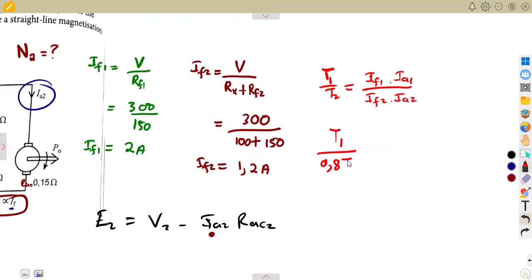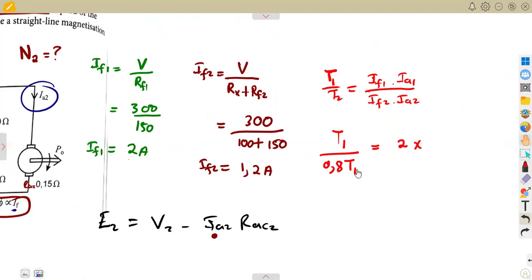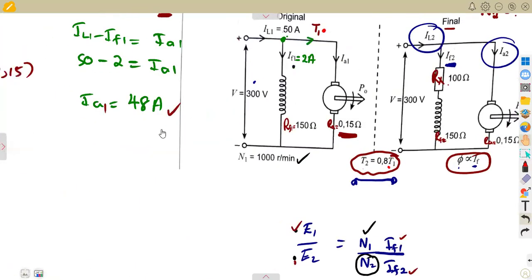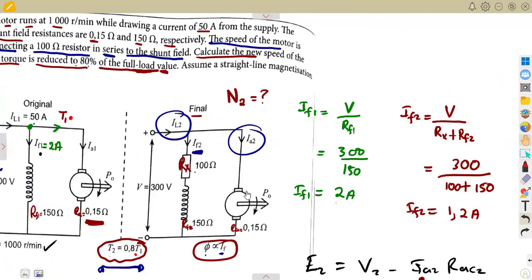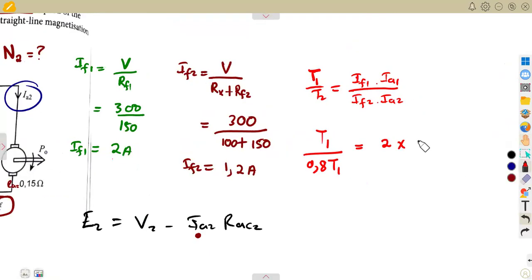So that is 0,8 of T1, which is equal to the field current 1, which is 2, times the armature current 1, which you calculated on this circuit, which is 48 amps, everything over the field current 2, which is 1,2, times the armature current 2, which is the one that you're supposed to calculate.